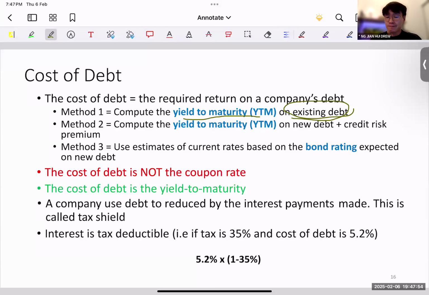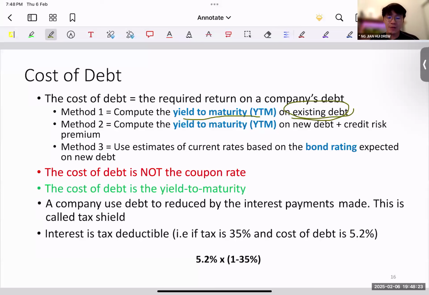But I'm just going to put a note there that I really like the comment of interest expense divided by net debt. A lot of people sometimes like to use this, but it is not the right method, especially in valuation. Okay, so method two, we compute the yield to maturity of the new debt.